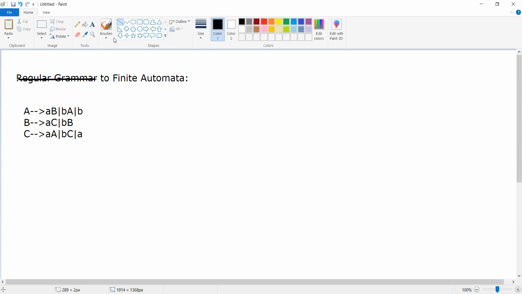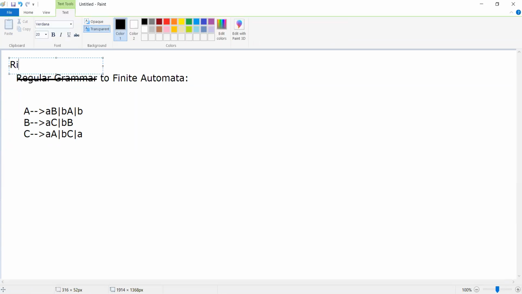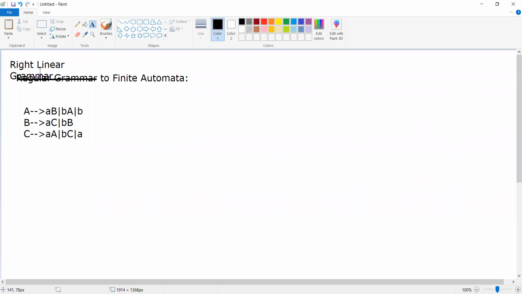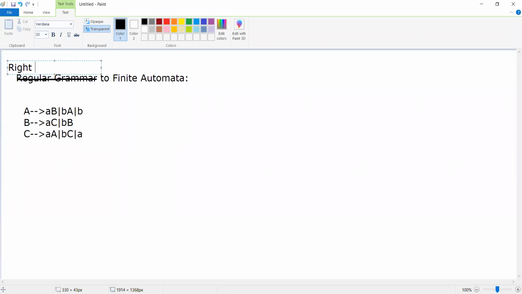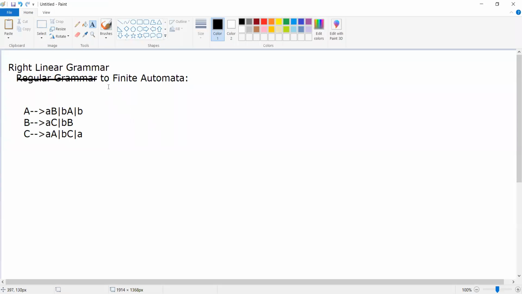More specifically, it is a right linear grammar. Now we are going to convert that right linear grammar to our finite automata.